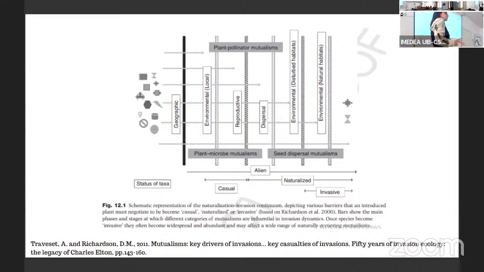In the new environment, some ecological interactions between the introduced species and species resident to this community can help these non-native plants to overcome these barriers. One example is plant pollination mutualisms, which can help plants to reproduce.